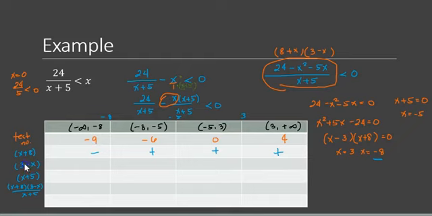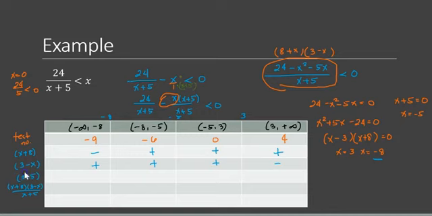For negative 9, 3 minus negative 9 becomes positive. 3 minus negative 6 is positive. 3 minus 0 is positive 3. And 3 minus 4 is negative.